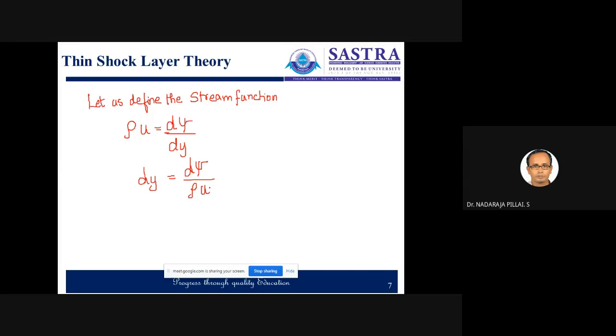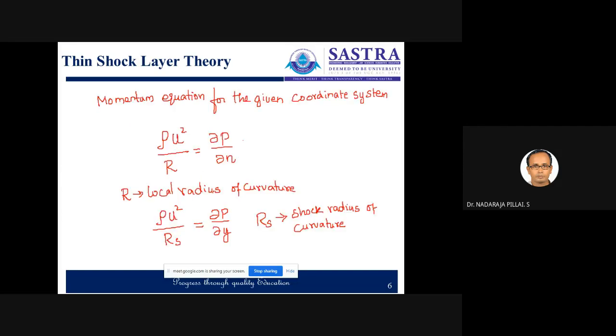In the equation we already have, dou rho u square by Rs is equal to dp by dn, or dou p by dou y in the shock.